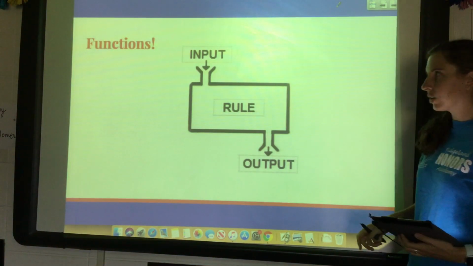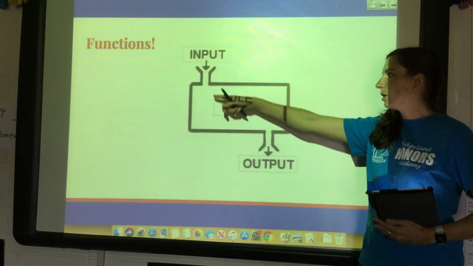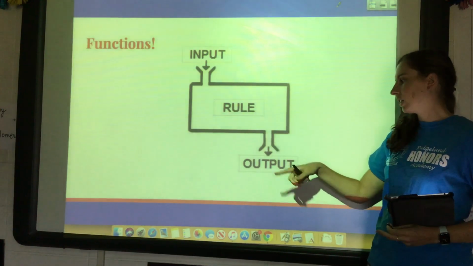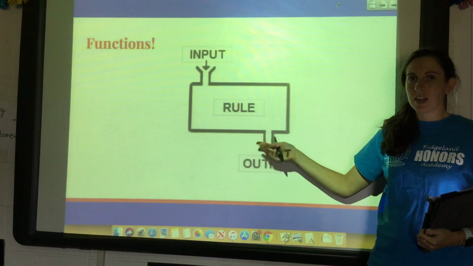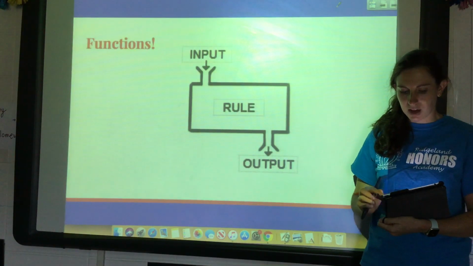As a quick refresher, functions are just anything that takes an input and then, based on some rule, spits out an output. We typically talk about them with numbers or variables, but it could be anything.